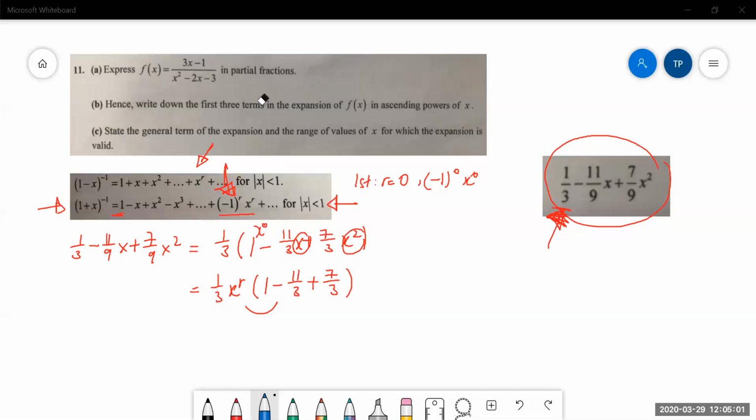Actually, I don't understand how that formula is being derived. This formula, the one that I boxed up, is it? Yes, this one.